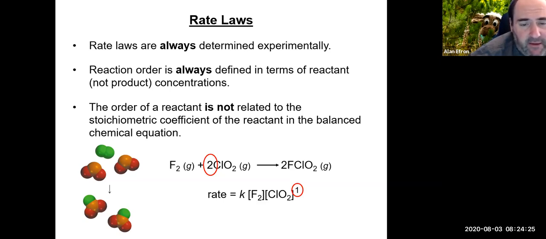When we talk about reaction order in terms of rate laws, typically only reactants are involved in the rate law, and the order of the reaction is based only on the reactants. They're the ones that come together and determine the rate, and the products are just produced.